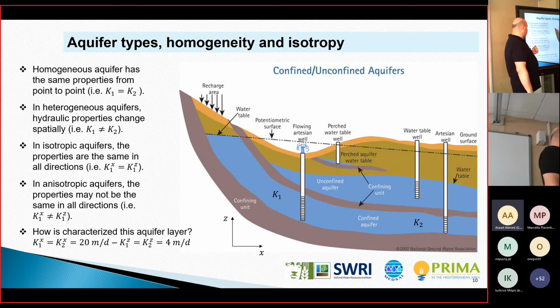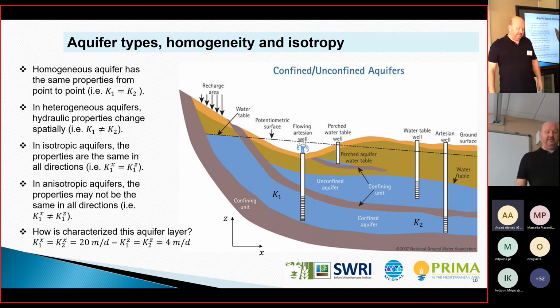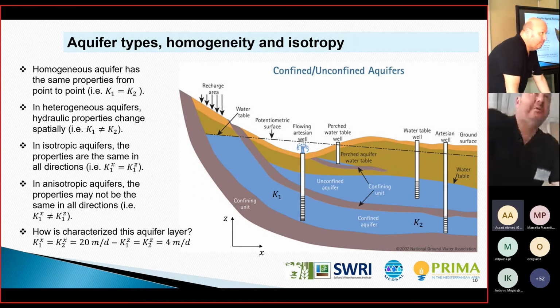Another classification is if the hydraulic conductivity is not the same in every direction. In a particular point of the aquifer, let's say this point 1 here, if the horizontal conductivity is equal to the vertical conductivity, since we have two dimensions here, x and z, we say that it's isotropic. If they are different, we say it is anisotropic.